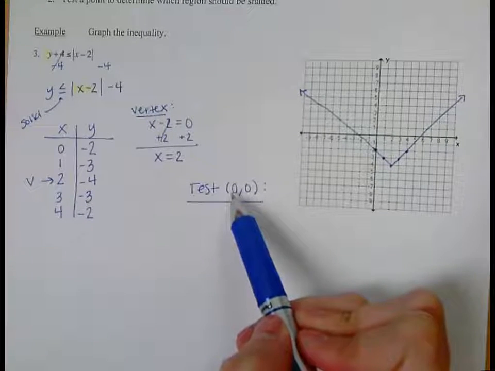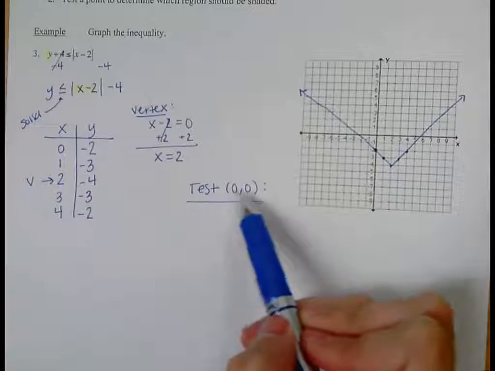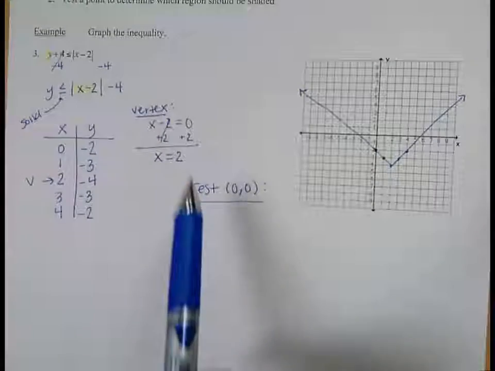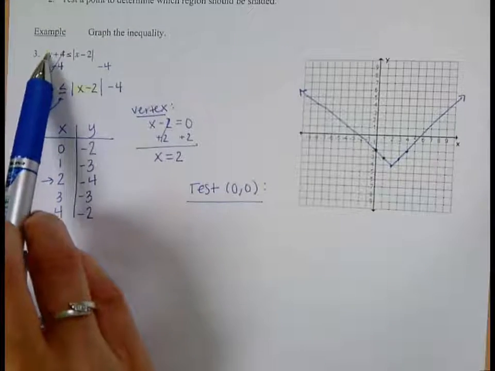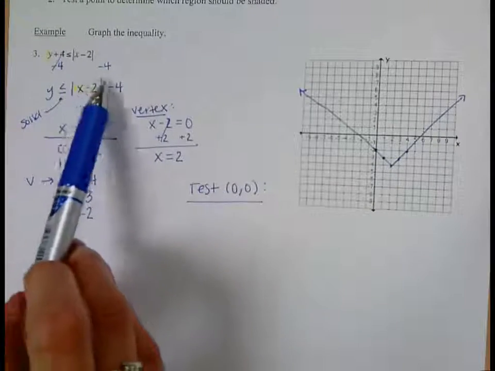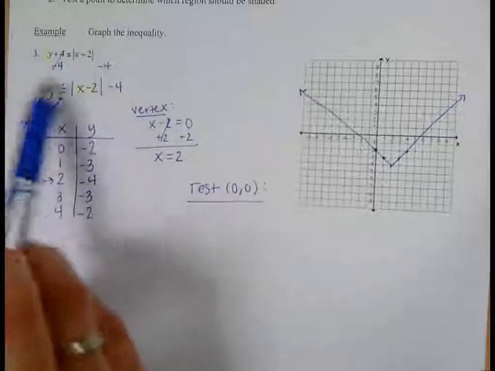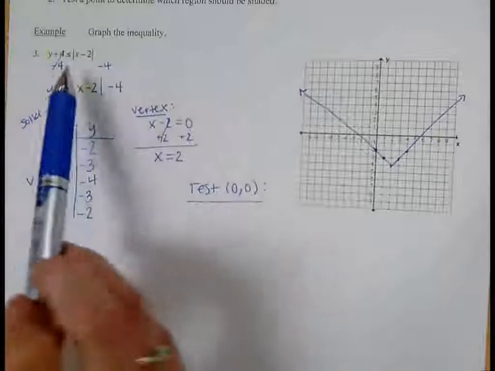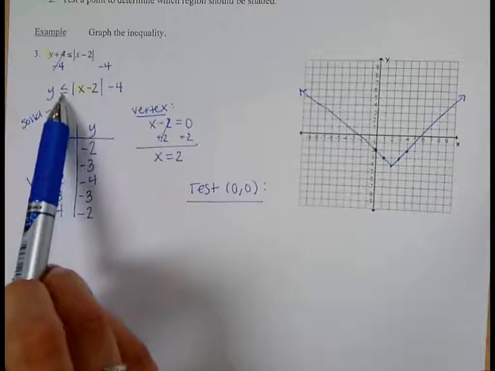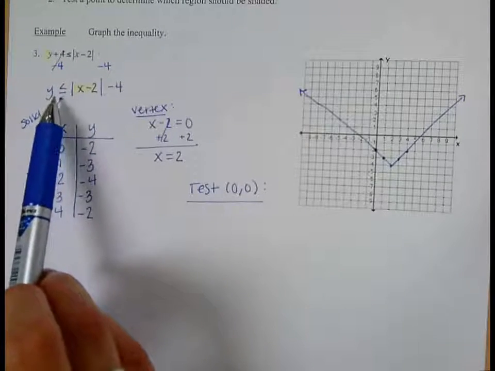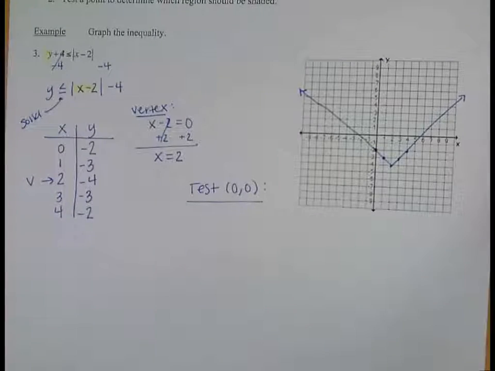So if I substitute in 0 for both the x and the y, I'm going to substitute it back into the original, just in case I wrote something wrong here. Usually, sometimes switching signs takes place, and if you forget to do that when you rewrite, then when you test a point into the one you rewrote, it's actually wrong.